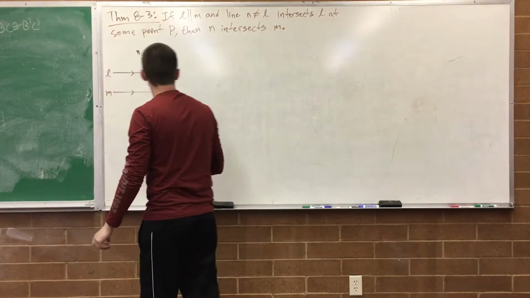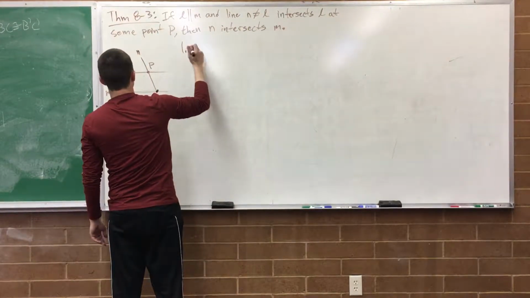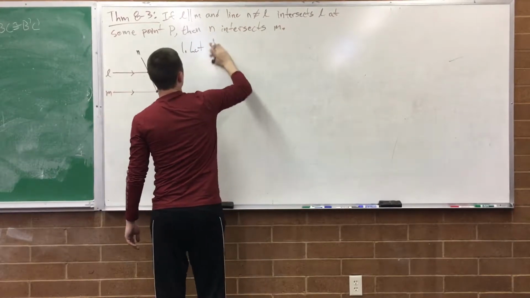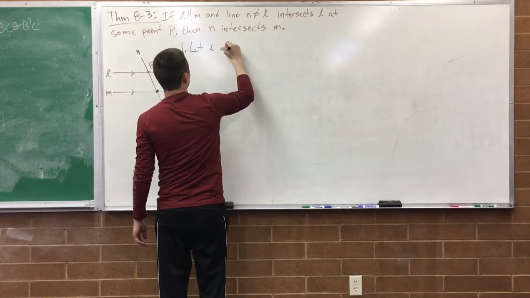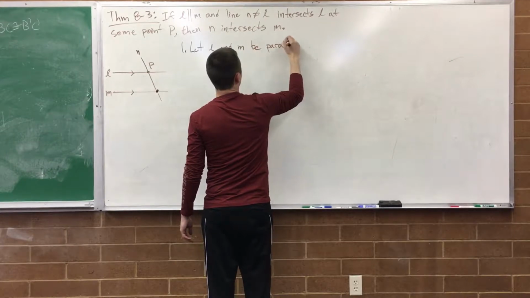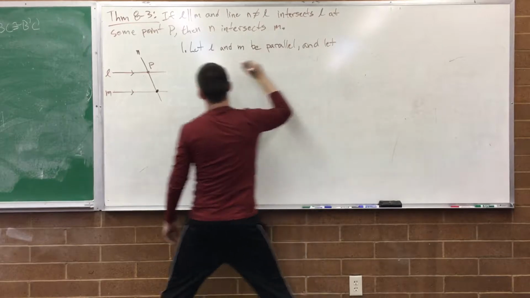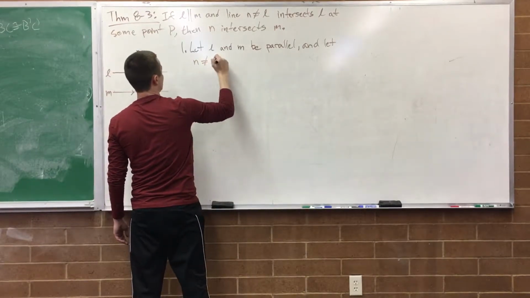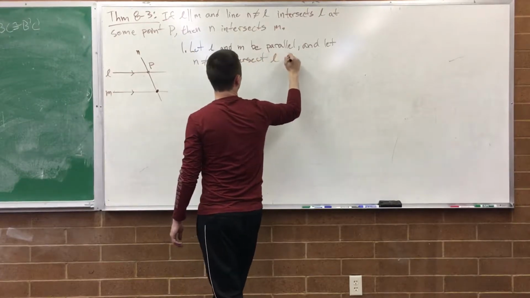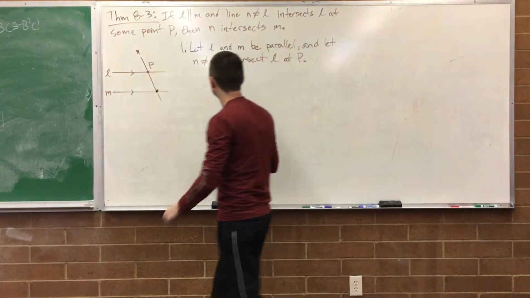Right? Need to write it out? Yeah? All right. 1. Let L and M be parallel, and let N intersect L at P. Okay, just setting up our picture.